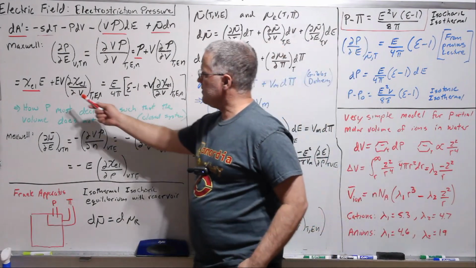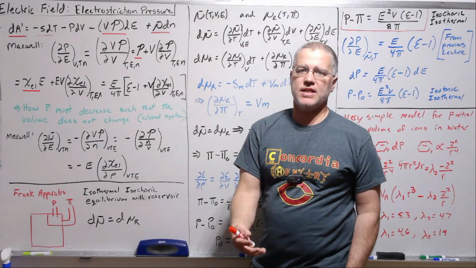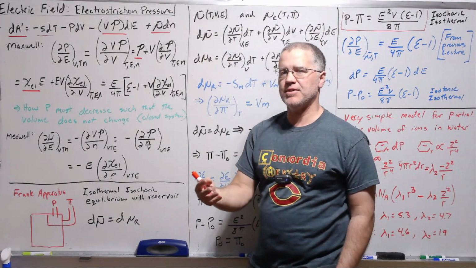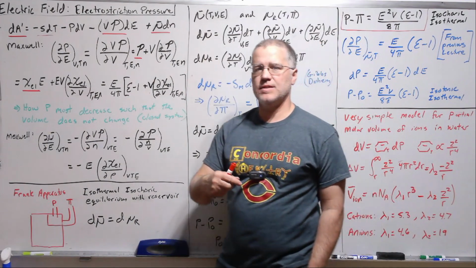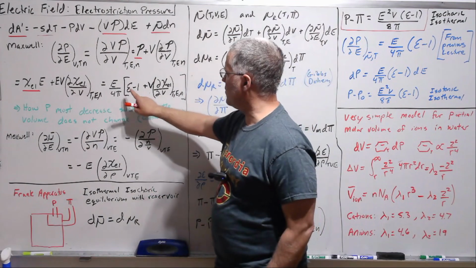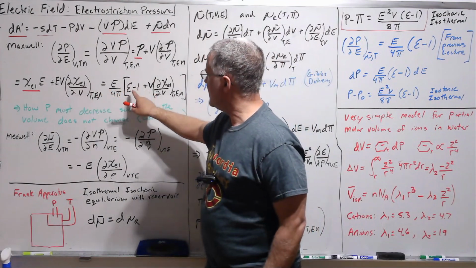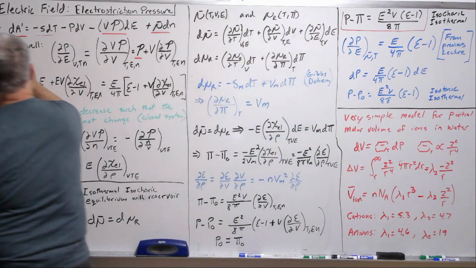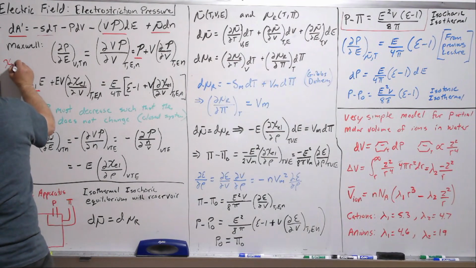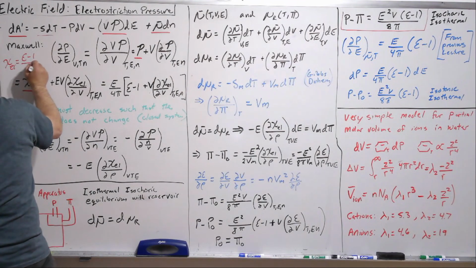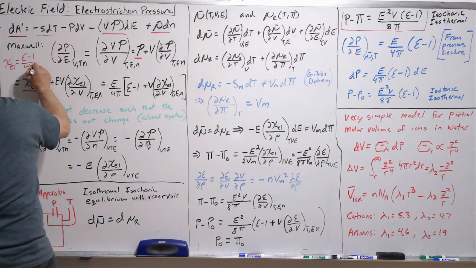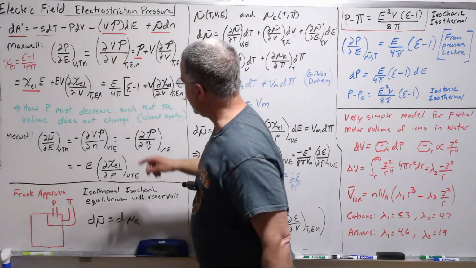Now, we can work with the electric susceptibility. Often in thermodynamics, one works with the dielectric constant, and so we'll use that chi electronic is dielectric constant over 4 pi. These are the electrostatic units we're working in.